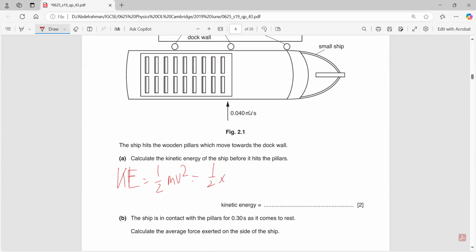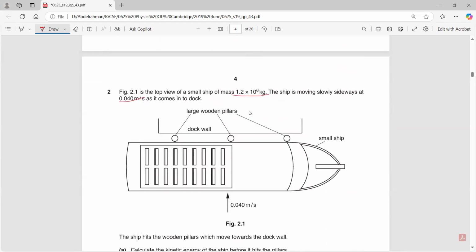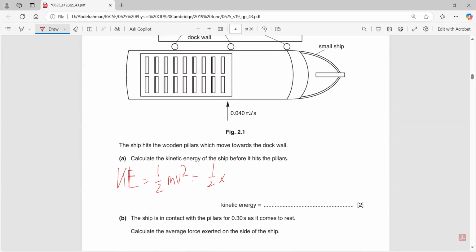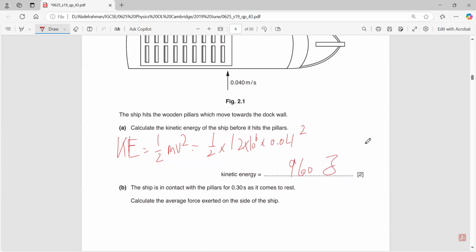So half times 1.2 times 10 to the power of 6 times 0.04 squared. This will give you a kinetic energy of around 960 joules. It's moving very slowly.